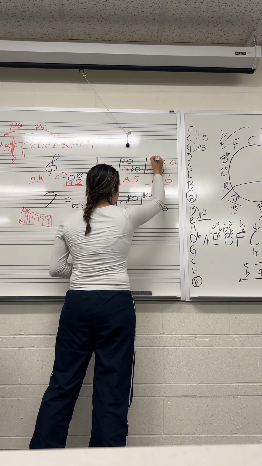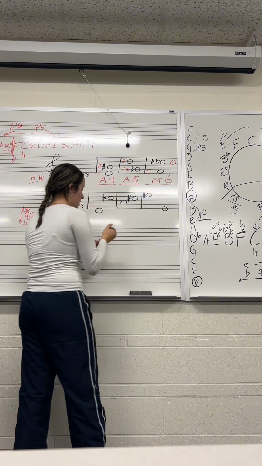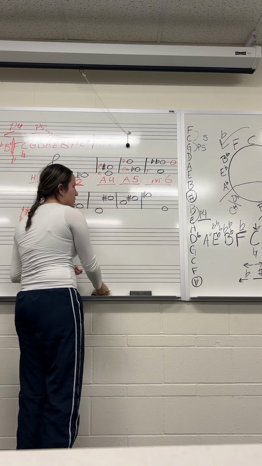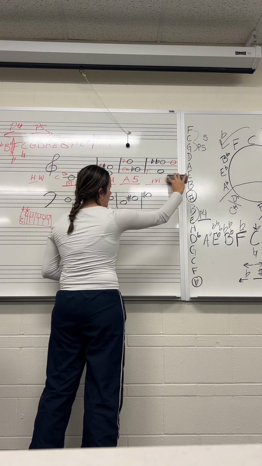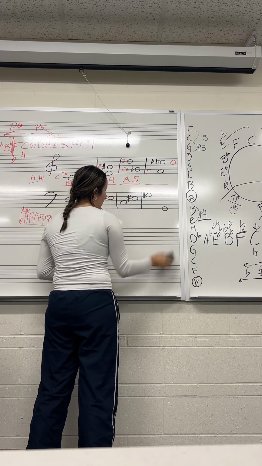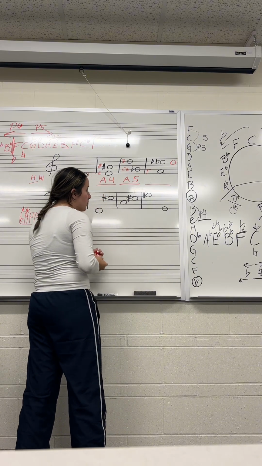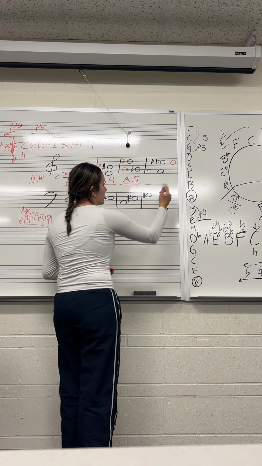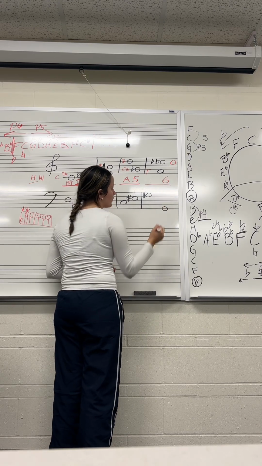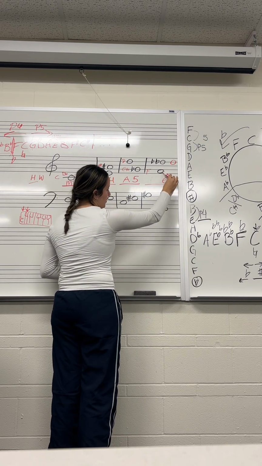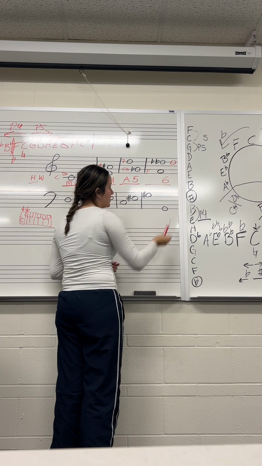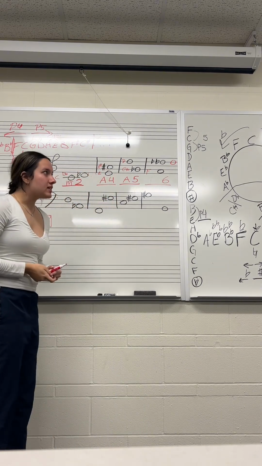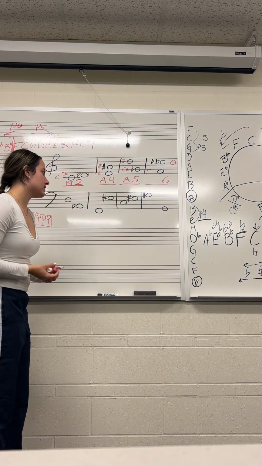into D double flat? Okay, so we're adding a new layer to this. We're starting on F and now we're going to D double flat. We already know that this is some sort of sixth, and that in the key of F, D should be D natural. So this means they've lowered this twice.